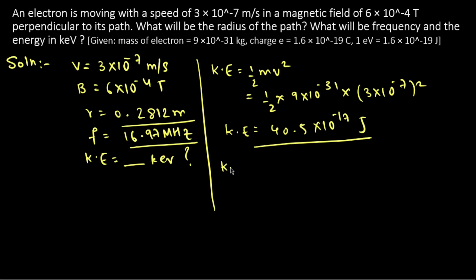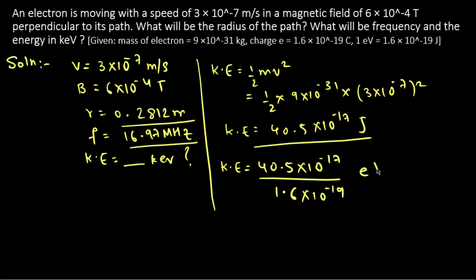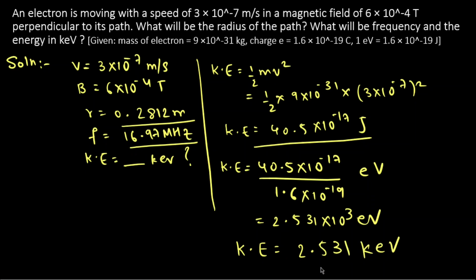So kinetic energy will be 40.5 into 10 raised to minus 17 divided by 1.6 into 10 raised to minus 19 electron volt, and solving this we get 2.531 into 10 raised to 3 electron volt, which can be written as the kinetic energy to be 2.531 kilo electron volt. I hope you understood this sum.